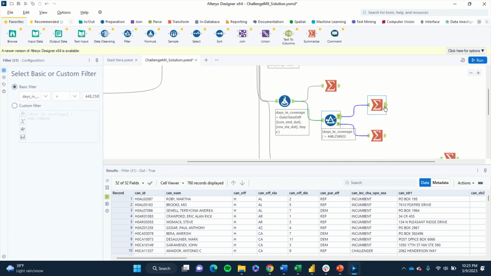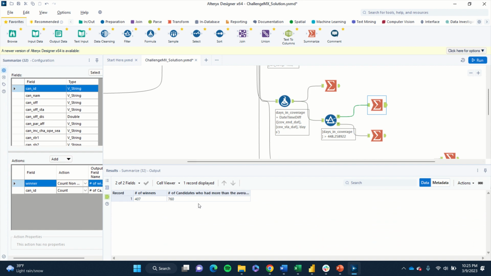The above-average group shows a strong correlation, with a lot of winners. On the flip side, the candidates who were below average clearly had not as many. So we want to recommend to our candidate: get your name out there and announce your candidacy so you can build your name in the community.